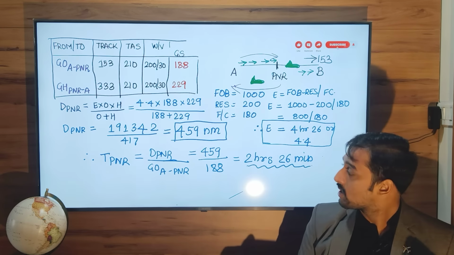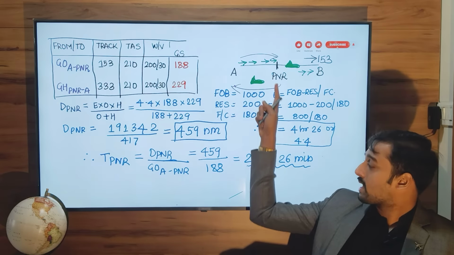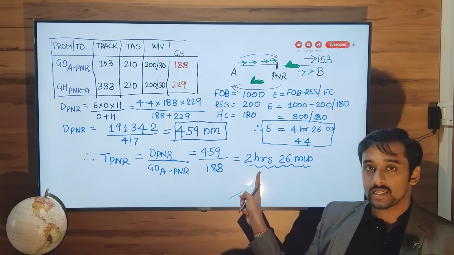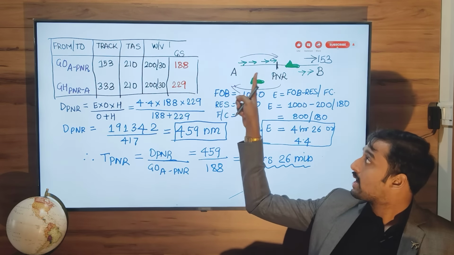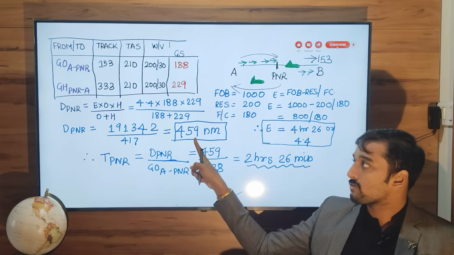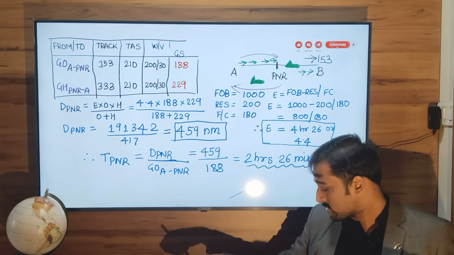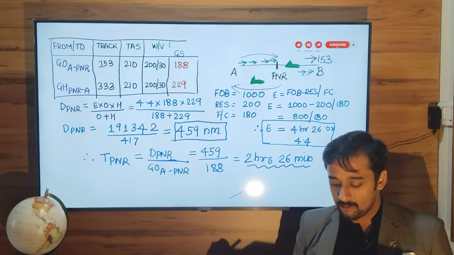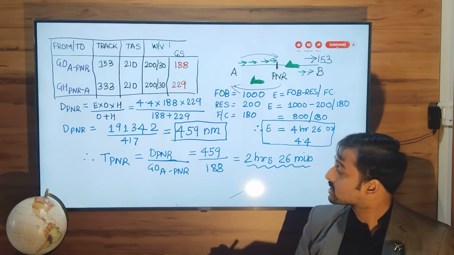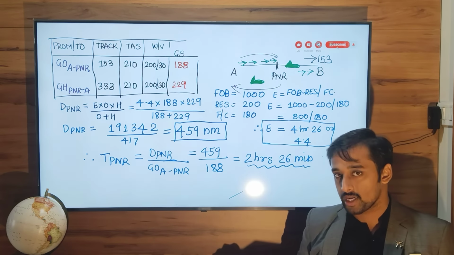So the time taken to fly from A to PNR is 2 hours 26 minutes. Distance from A to PNR is 459 nautical miles, and the time is 2 hours 26 minutes.